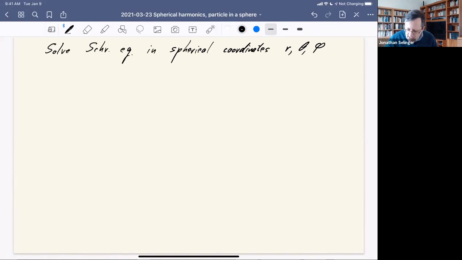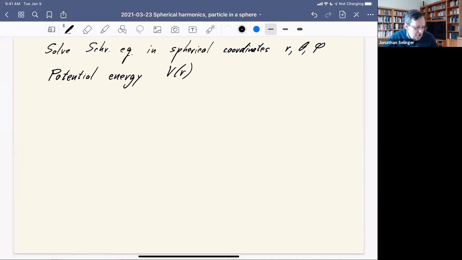And we are doing this if we have a potential energy that only depends on r. That's the kind of situation where spherical coordinates would be really useful.